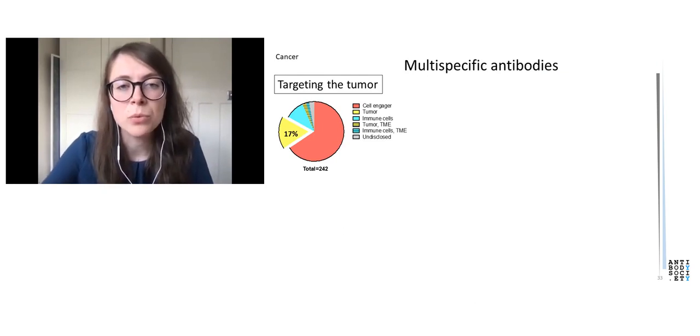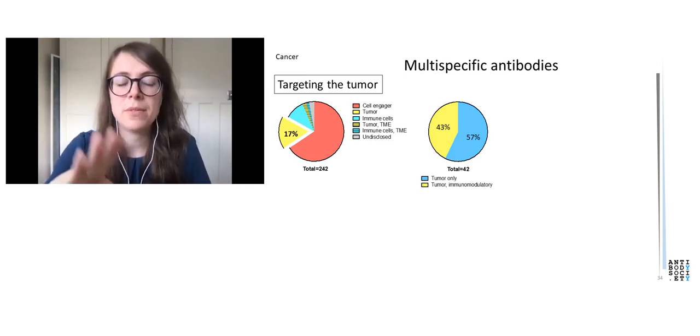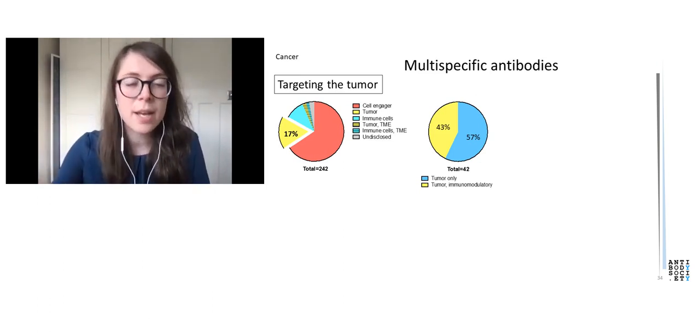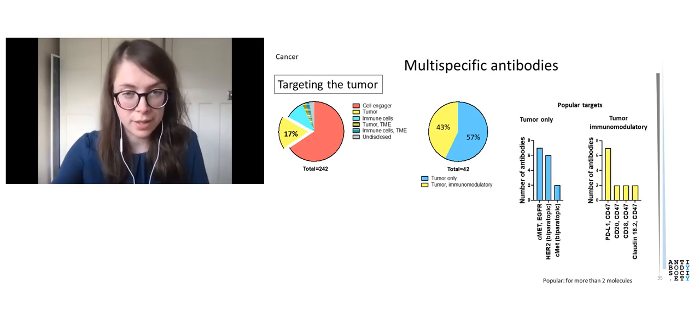And now I move to the second group of multispecific antibodies, antibodies targeting the tumor only. This accounts for 17% of the multispecific group. We have done the same type of analysis. So we have stratified the molecules into antibodies only targeting the tumor and antibodies targeting the tumor but also with immunomodulatory effect.